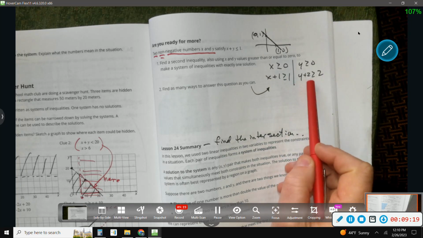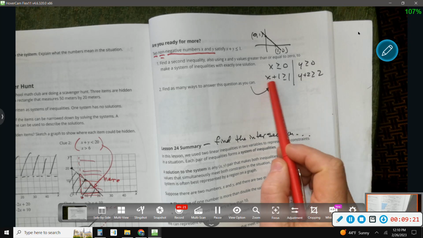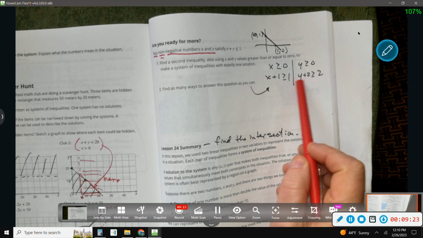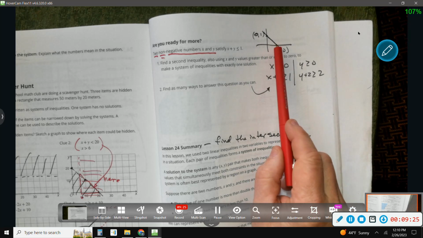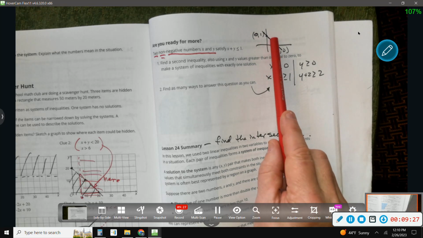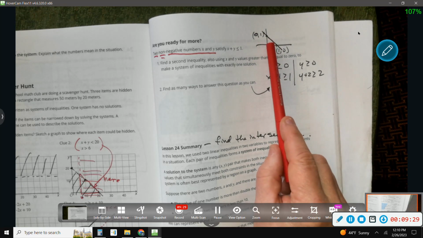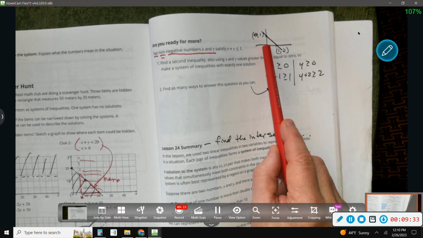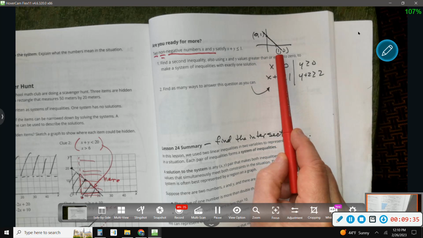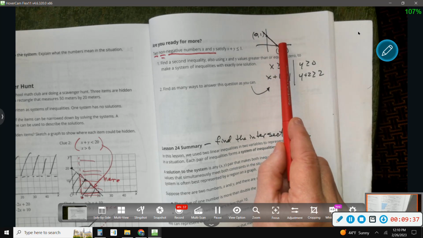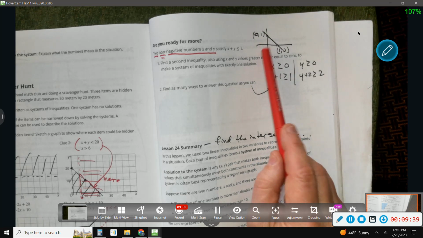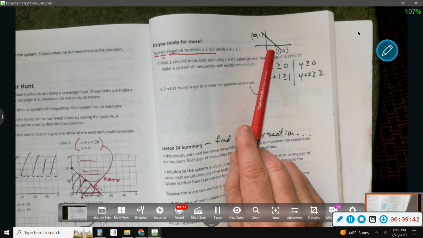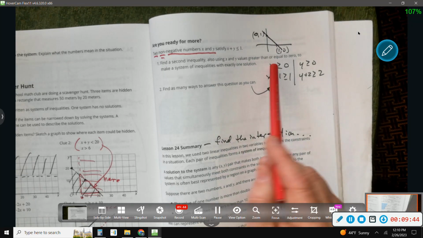The numbers that are going to be adding up satisfy both of these, and you're going to find it's somewhere in here. Some numbers in this little tiny triangle between the origin, 1, 0 and 0, 1. This little triangle is the only place that you can solve. I'm not exactly sure what they're trying to get at there, so we'll just leave it at that.